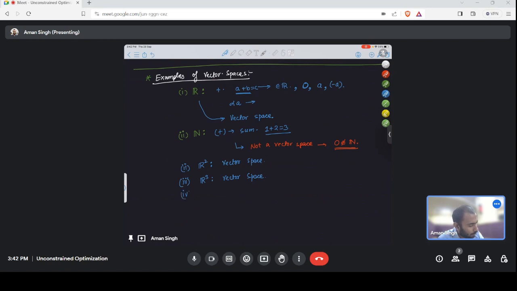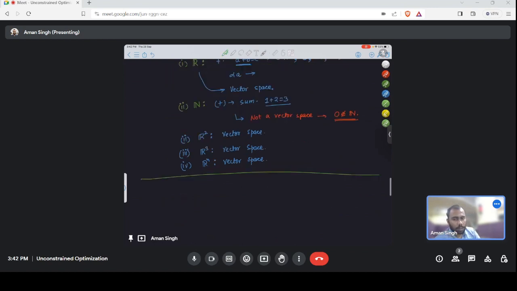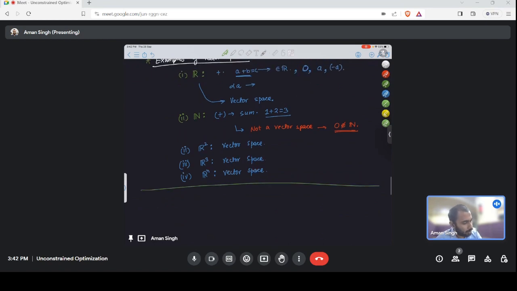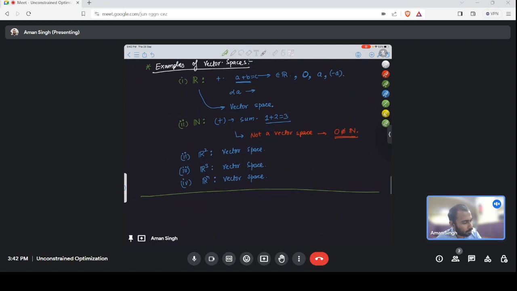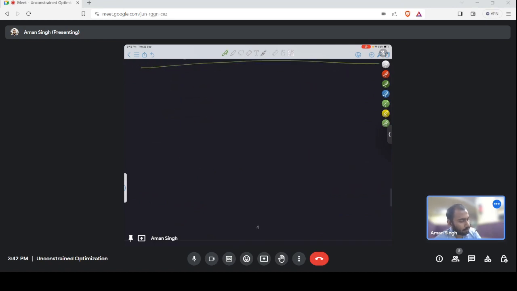And in general, the set of real vectors of dimension n is a vector space. I hope that gave you a decent understanding of what vector spaces are. Now let's move ahead.